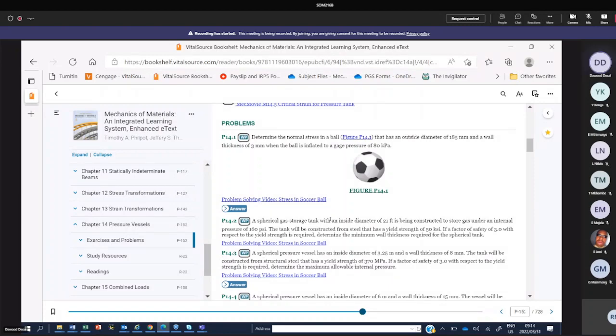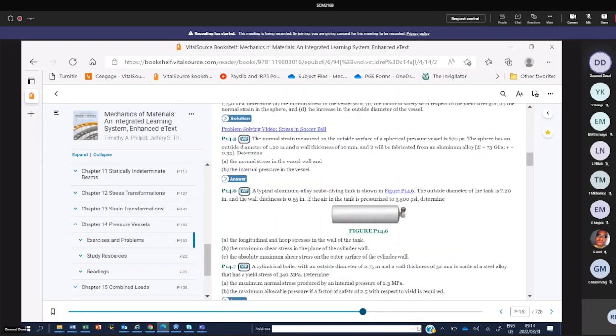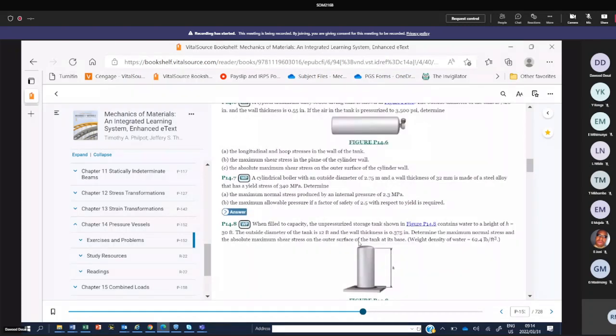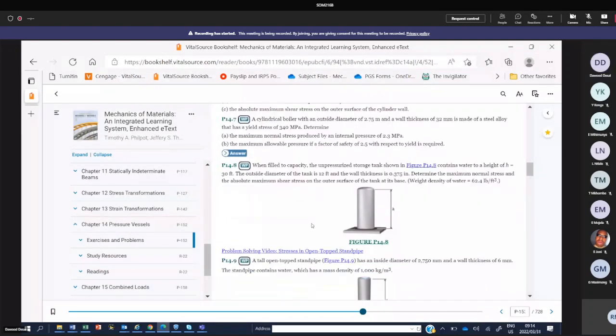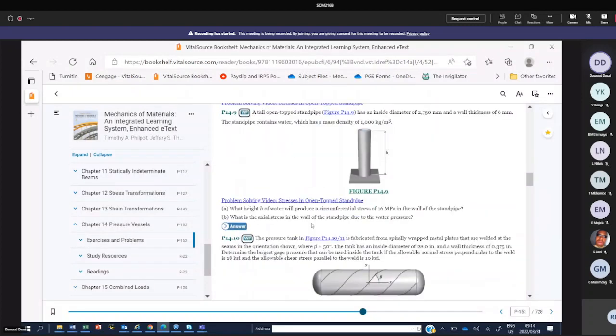Okay, so do not worry about spherical storage tanks. While we're talking about storage, there's a nice example here: P14.8, P14.9. Let's concentrate on P14.9.